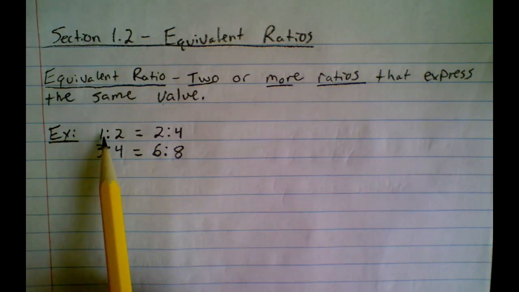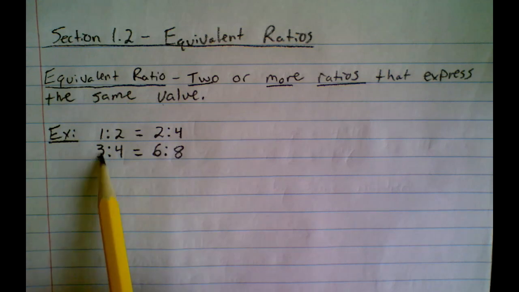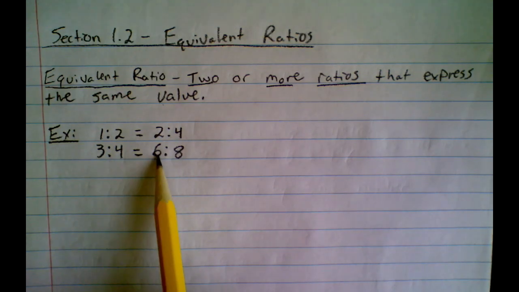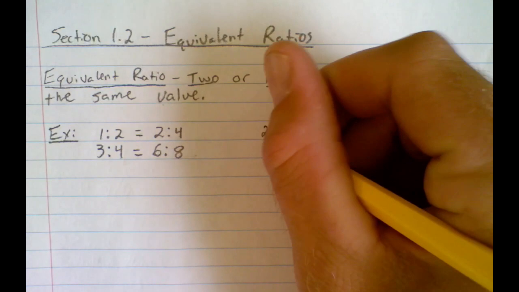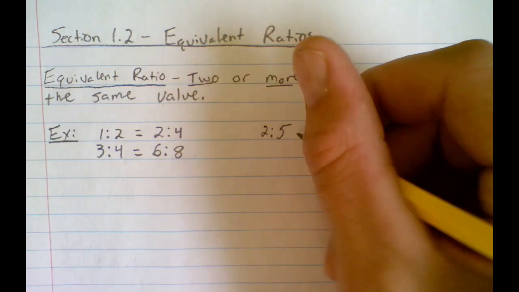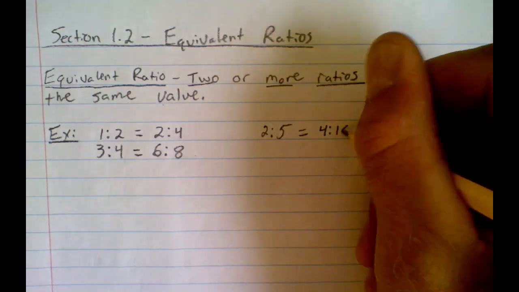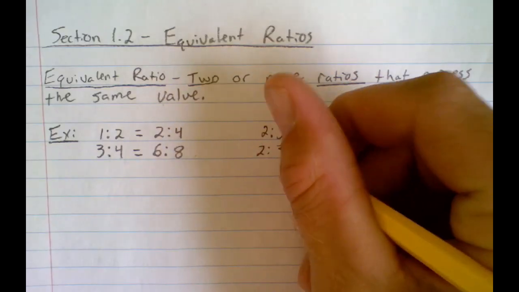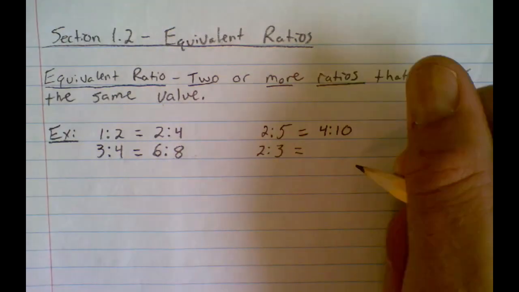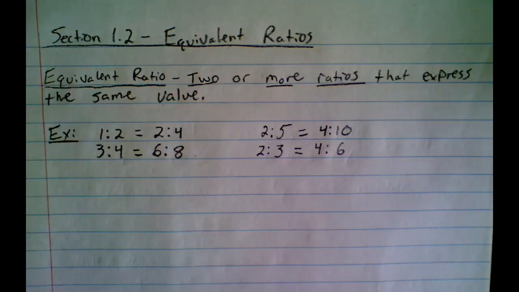Then you also have the ratio 2 to 5, and that is equal to 4 to 10. And the ratio 2 to 3 is equal to 4 to 6.